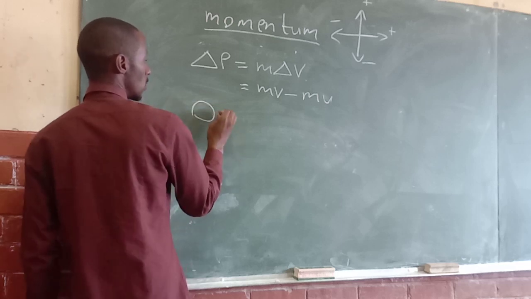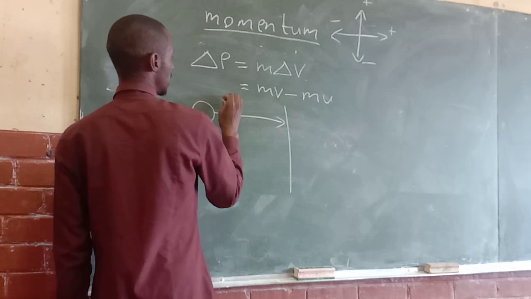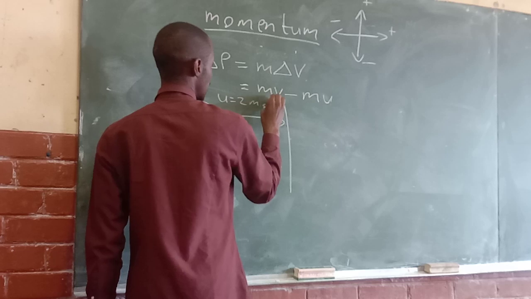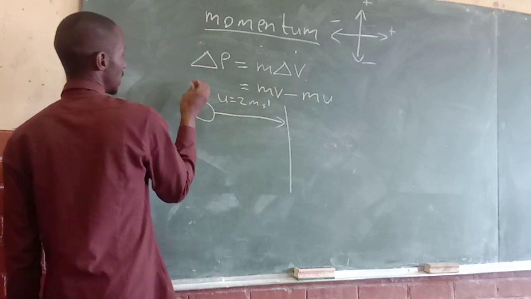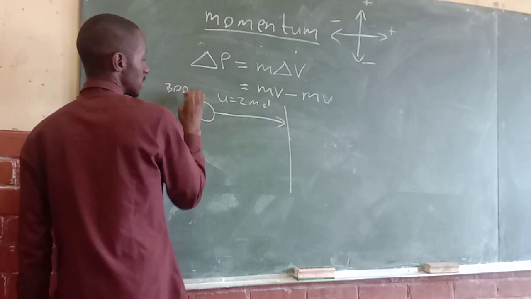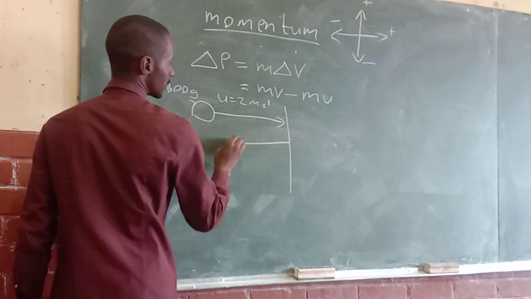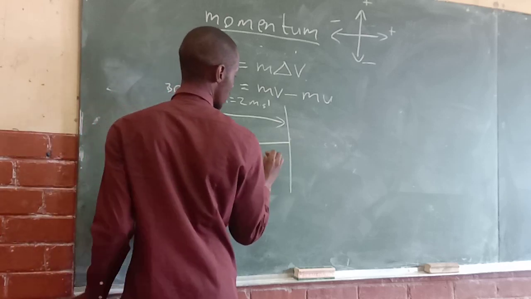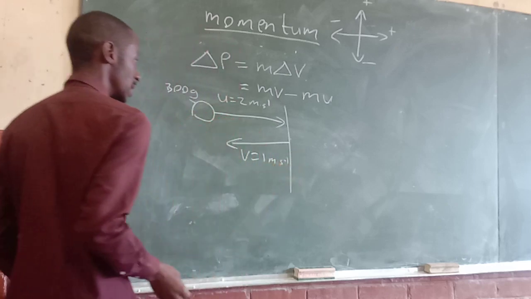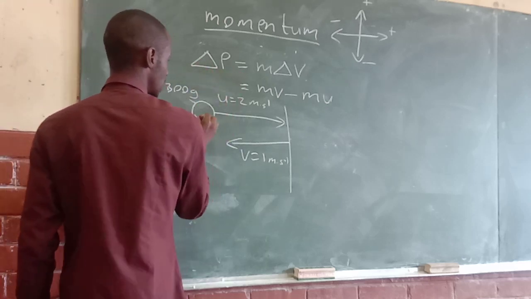Now here's a tennis ball that has been struck against the wall. It is traveling initially, u, at 2 meters per second, and its mass is given as 300 grams. Okay, and it bounces back. And they say when it bounces back, it is now traveling at a final velocity of 1 meter per second. And the question we ask now, calculate the change in momentum of this tennis ball.